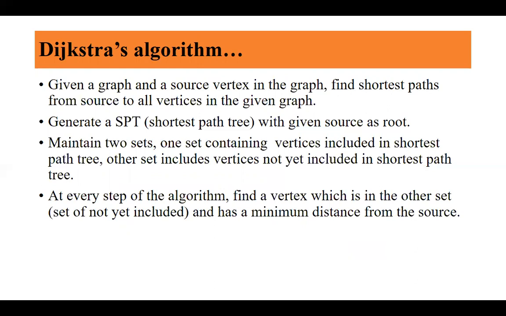So it's a tree, there will not be any cycle or loop, and the root of the tree is the source node from where we are starting the path. It maintains two sets: one set containing vertices included in the shortest path tree and another set including the vertices which are not included. At every step of the algorithm, we find a vertex which is in the other set, the set of not included, and has minimum distance from the source.